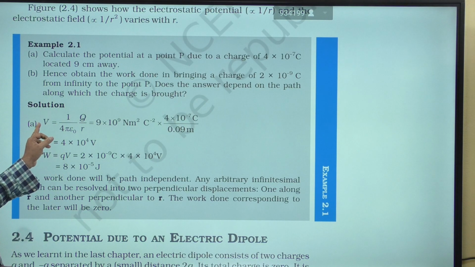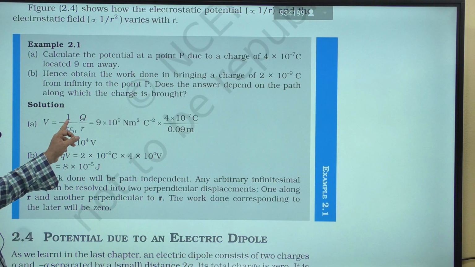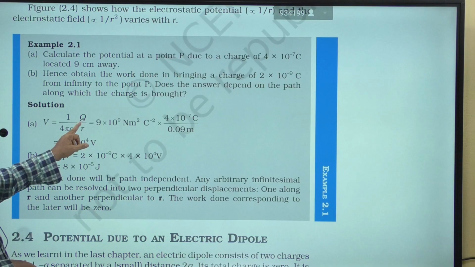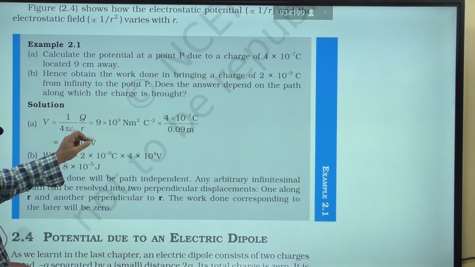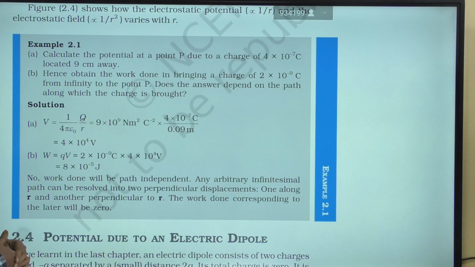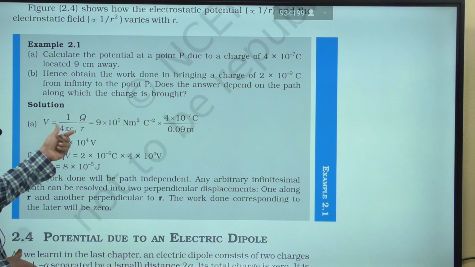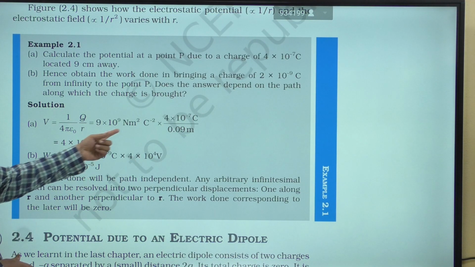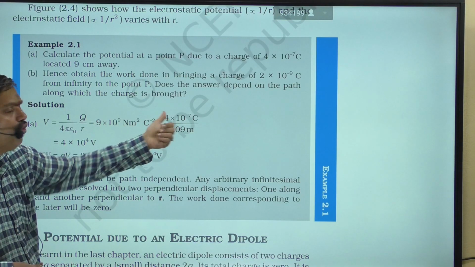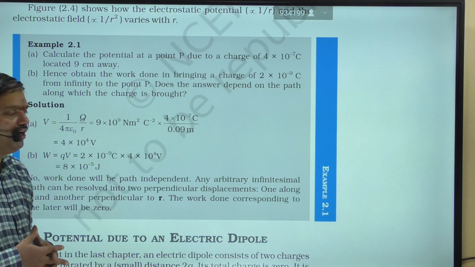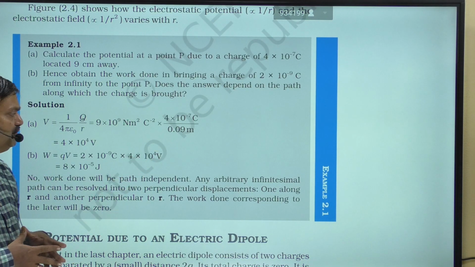First let us calculate the potential from the formula 1/4πε0 times q/r. The value of 1/4πε0 is 9 into 10 power 9, multiplied by the q value of 4 into 10 power minus 7 coulomb, divided by 9 centimeters, which in SI units is 0.09 meter.